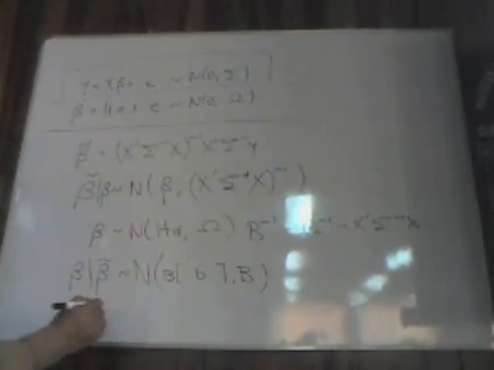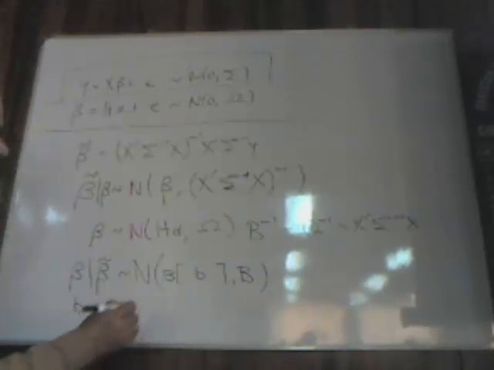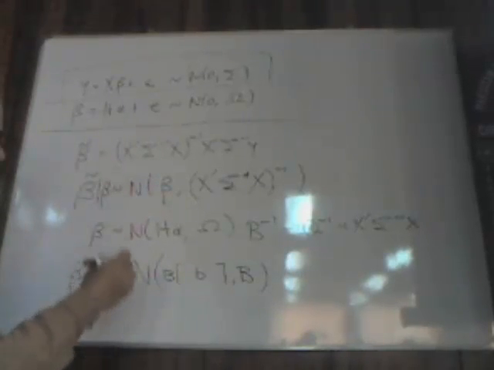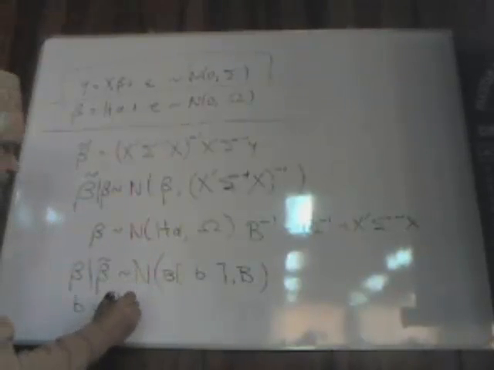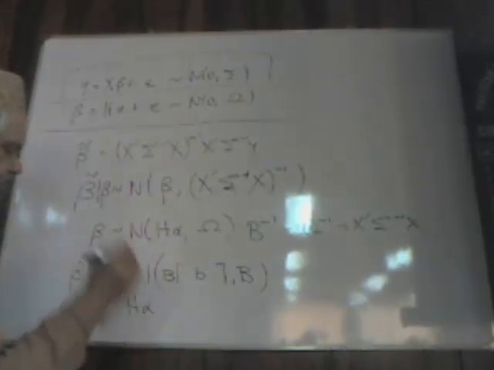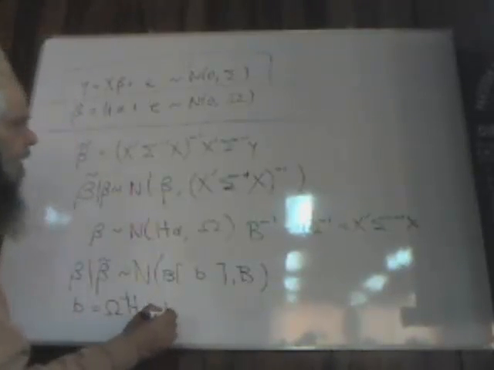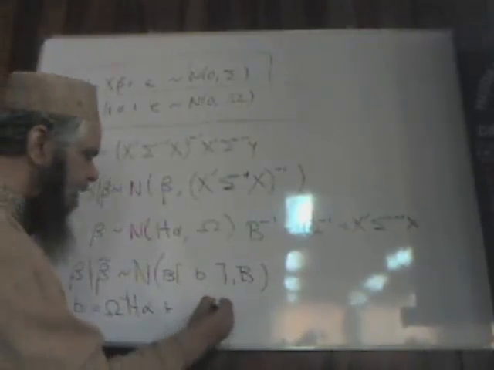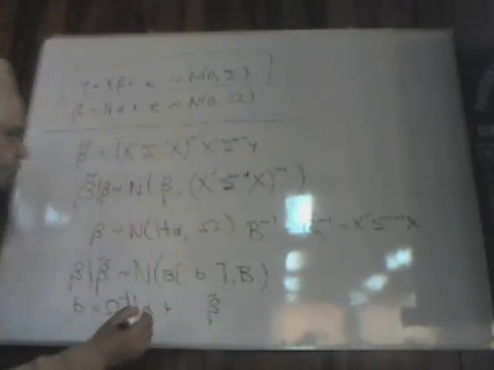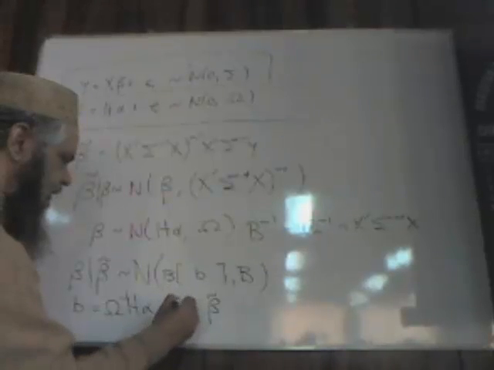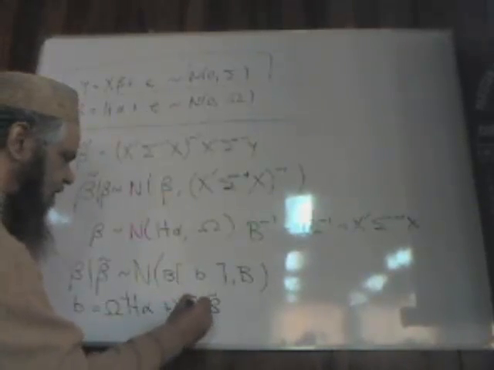B is equal to, the data mean is beta tilde. Okay, let's look at the prior mean first. The prior mean is H alpha, and that has to be pre-multiplied by the precision, which is omega inverse. And then the data mean is beta tilde, and that has to be pre-multiplied by the precision, which is x transpose sigma inverse x.